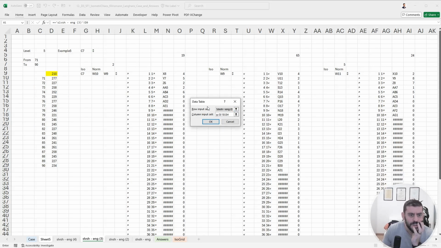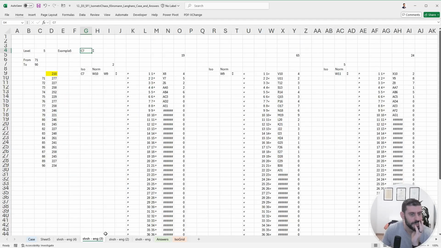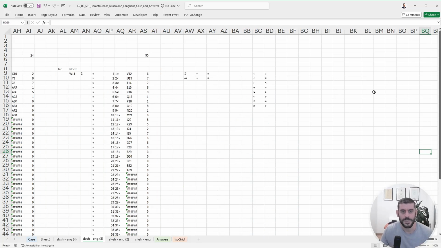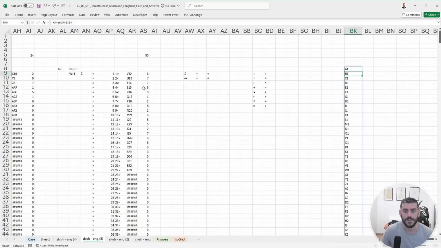Why? Does it have to be in the same worksheet? Interesting.